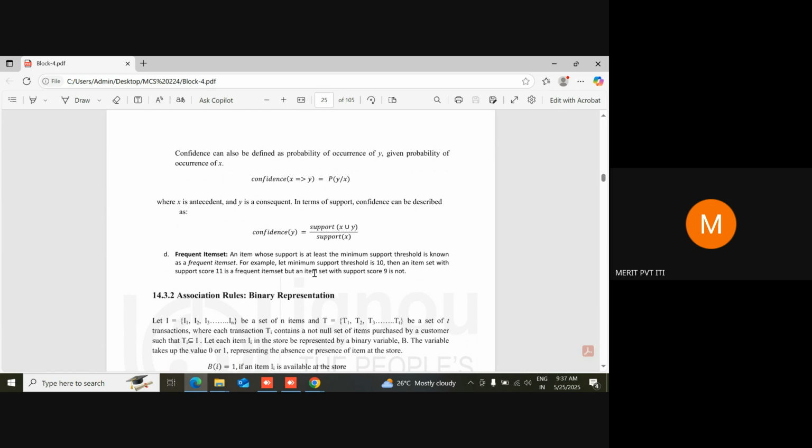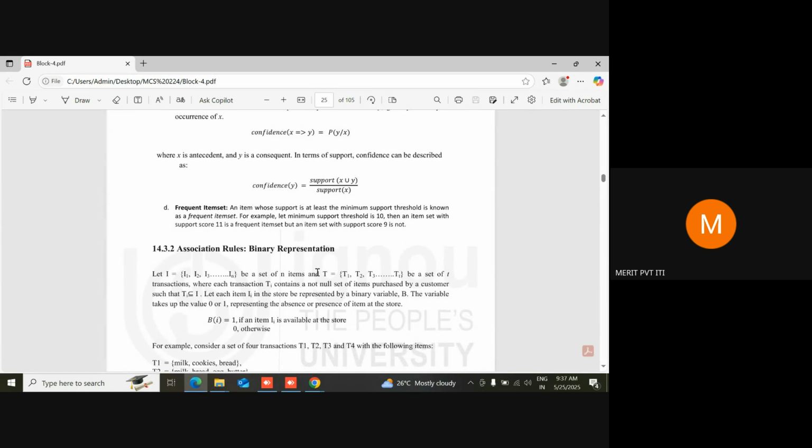An item set whose support is at least the minimum support threshold is known as a frequent item set. For example, if the minimum support threshold is 10, then an item set with support 11 is a frequent item set, but an item set with support 9 is not. So that way you can say which frequent item sets are formed, and you can see these various things.